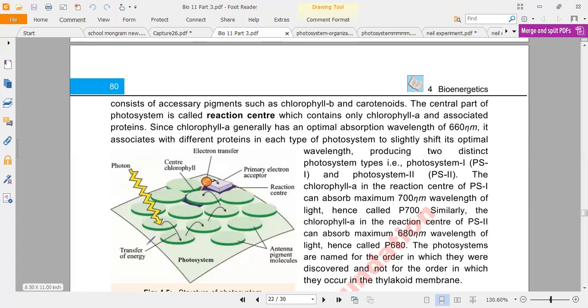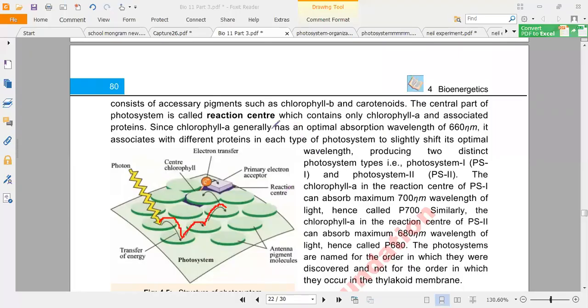So in the antenna of the photosystem, different pigment molecules capture the sunlight, absorb different wavelengths and give this energy inside, and it moves towards the reaction center.